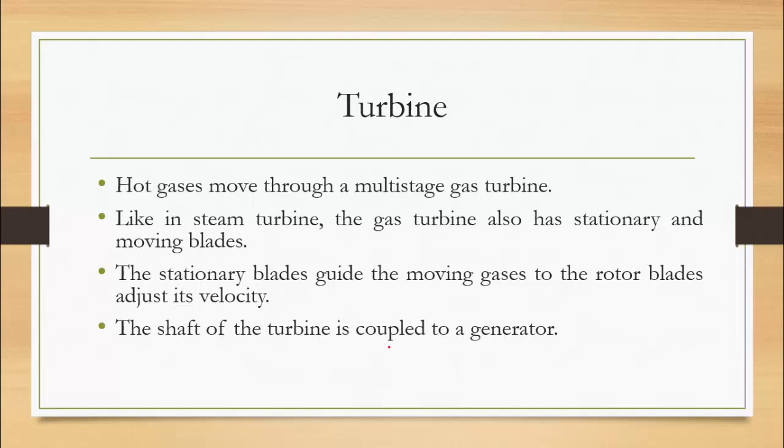Then these gases expand in the moving blades, and because of this the moving blades start to rotate. When the moving blades rotate, the turbine shaft attached to them also rotates. A part of the power produced by the turbine is used to drive the compressor, and the remaining power is given to the generator for electricity generation.